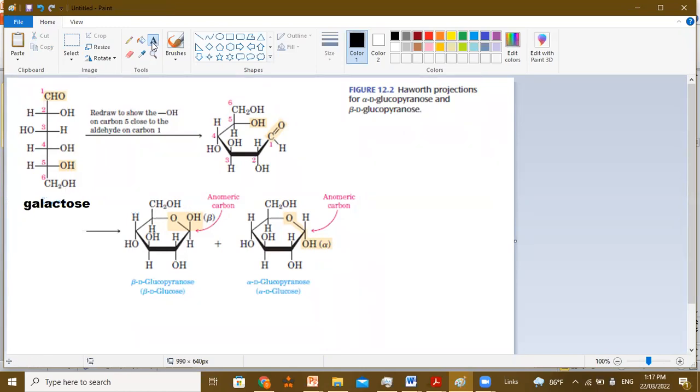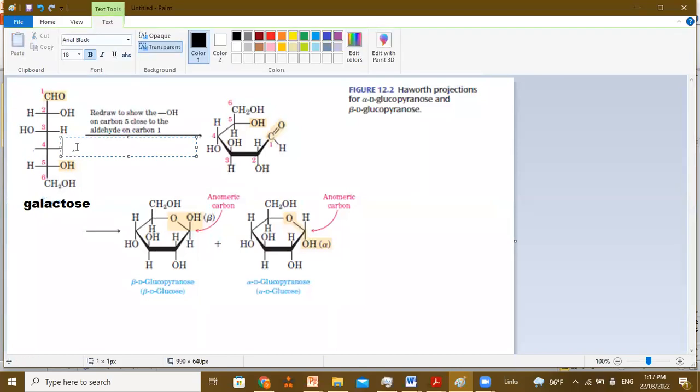It's written as D-galactose, and the OH is not here on carbon 4. We reverse it. The OH is up, so we'll write the OH here.